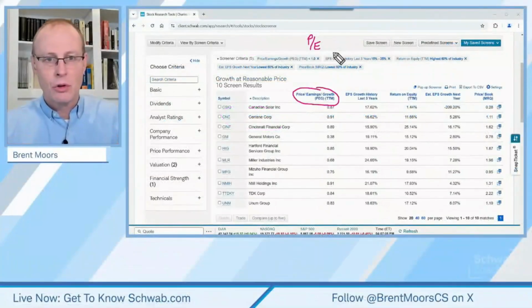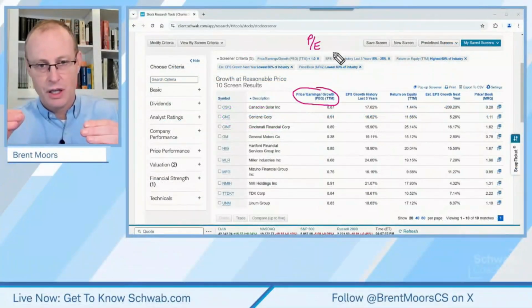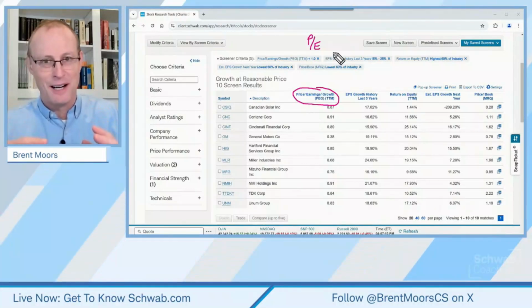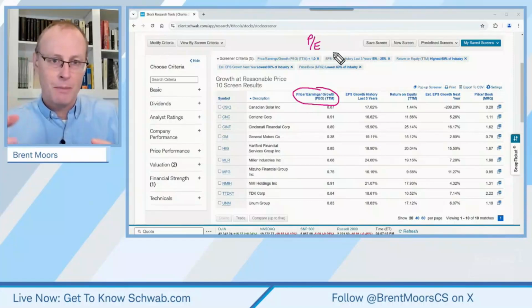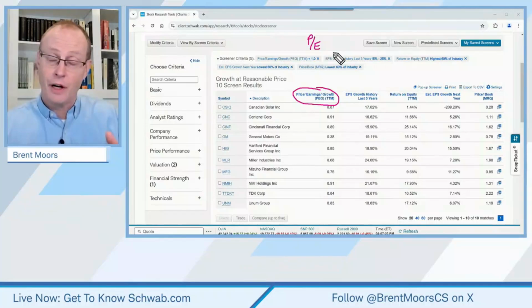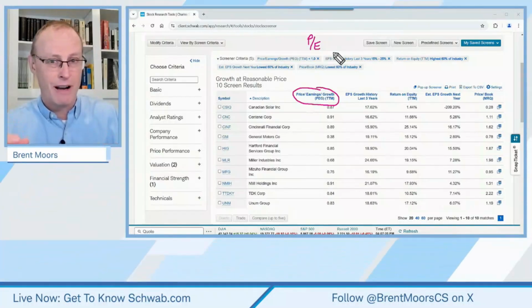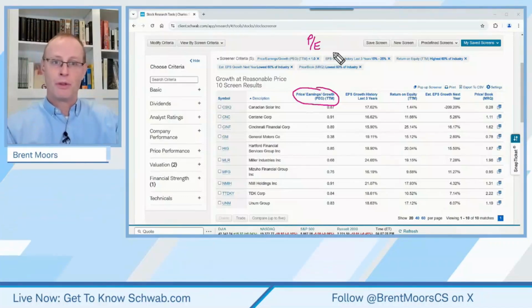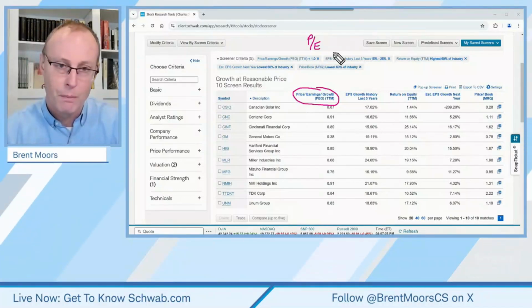And it's a little bit too facile to just say high is bad and low is good for PE ratios. What you're going to notice is some companies that you think are very good companies may have fairly high PE ratios. And some companies may have low PE ratios that you wouldn't want to touch with a 10-foot pole.